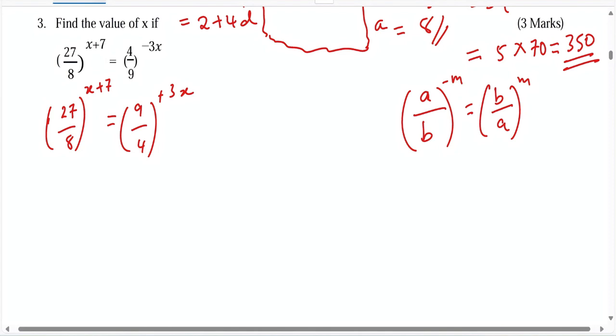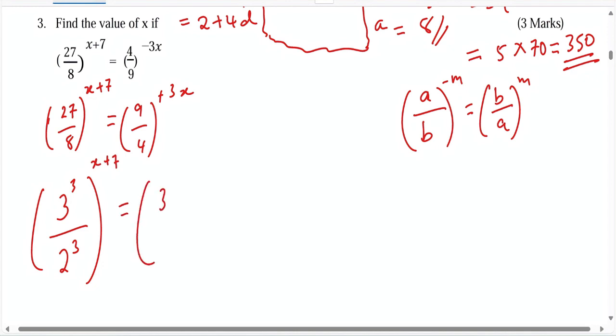So 3 power ngapi ndio itakupa 27? Obviously ni 3 power 3. Na 8, 2 power ngapi? Ni 2 power 3. Lakini kumbuka bado iko na power. And the same thing with 9, ni 3 power ngapi? Itakupa 9 ni 3 power 2 na 4 ni 2 power 2.